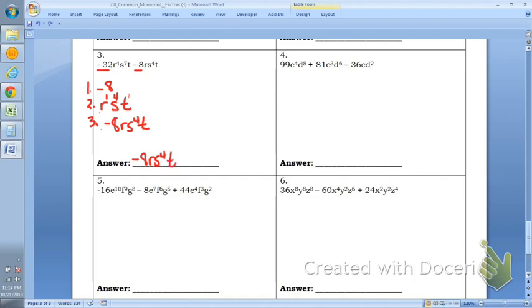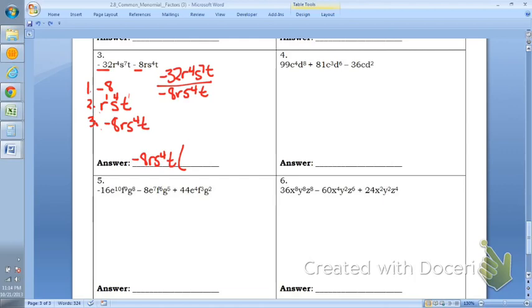Now divide the polynomial by the greatest common factor. Every term by the greatest common factor. So negative 32, I made a mistake there. Negative 32 R to the 4th S to the 7th T divided by the greatest common factor that we just solved, negative 8 R S to the 4th T, is equal to, so after you divide, you write your answer in the parentheses.